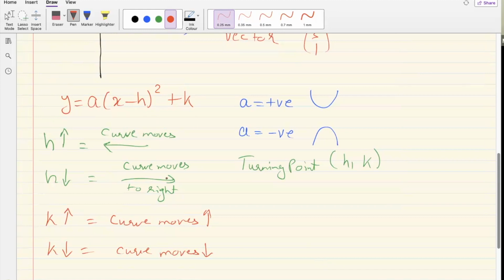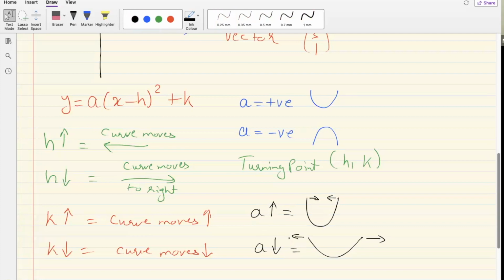H and k, what happens when we adjust the value of a? When a increases, the curve squeezes. When a decreases, curve expands. We have 3 constants, a, h, and k.